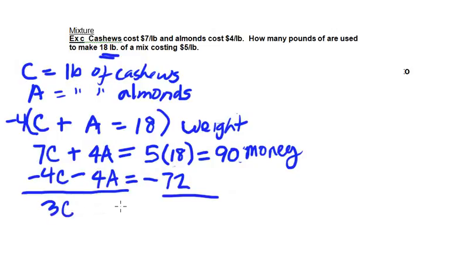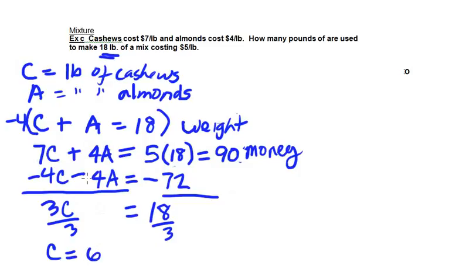The 4A's will drop out. And then we have a positive 90 minus 72 gives us positive 18. And finally, solving for C, we divide by 3. And we end up with C is equal to 6.